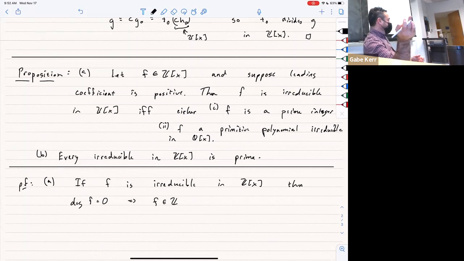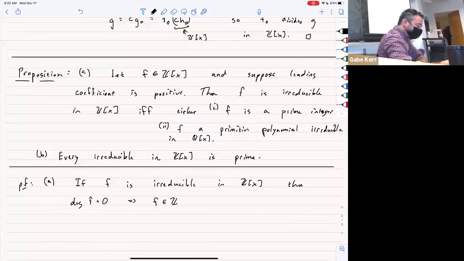So irreducibility in the natural numbers just means you have a prime. Factored into integers, one of them is 1. It's just the definition of prime.